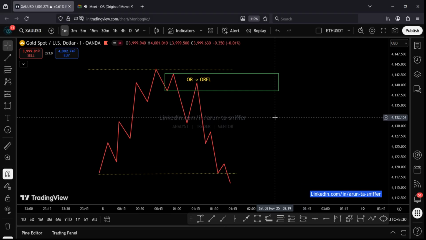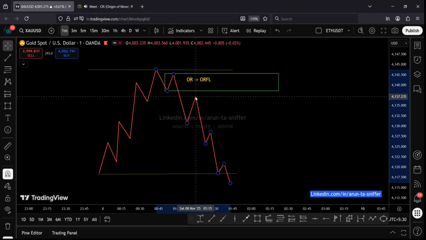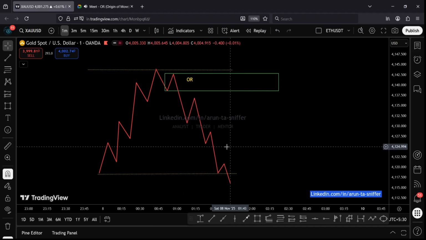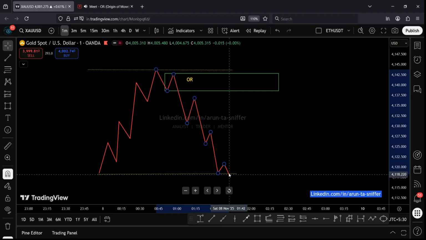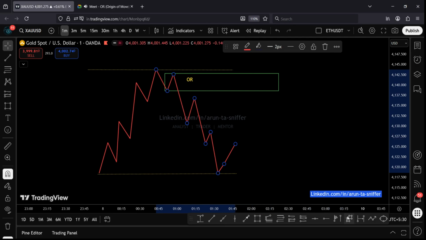So what happens when price goes to OR? Think like price is going to OR. Only here was OR created, right? And price started to go back from here, right?